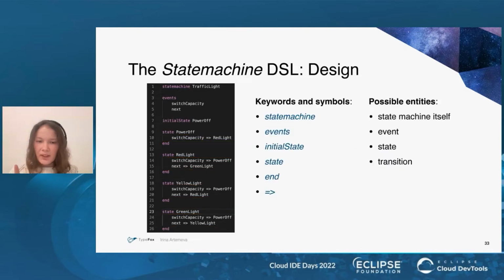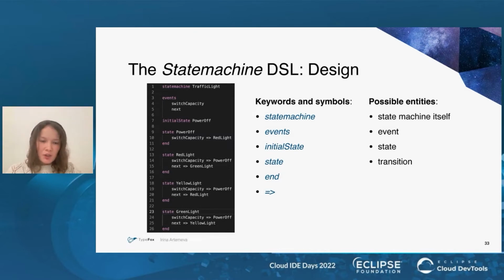And finally, we can extract components. So what do we have here? We have keywords and symbols: state machine, events, initial state, state, and an arrow. And we also see some entities: state, transition, event, and the state machine itself.